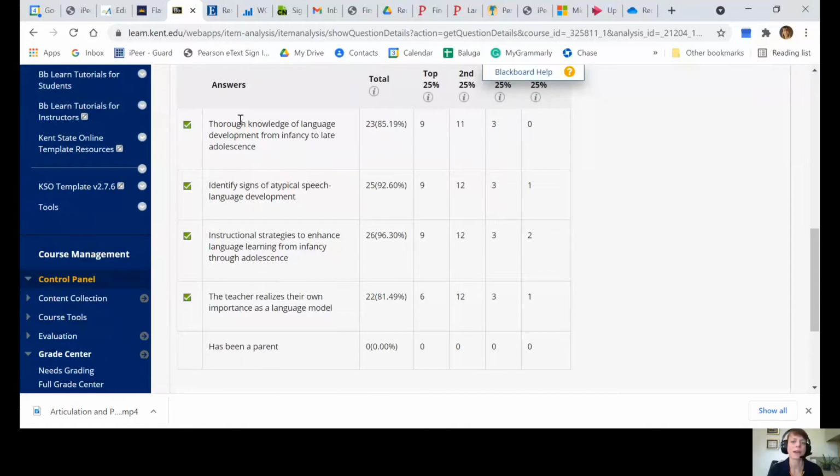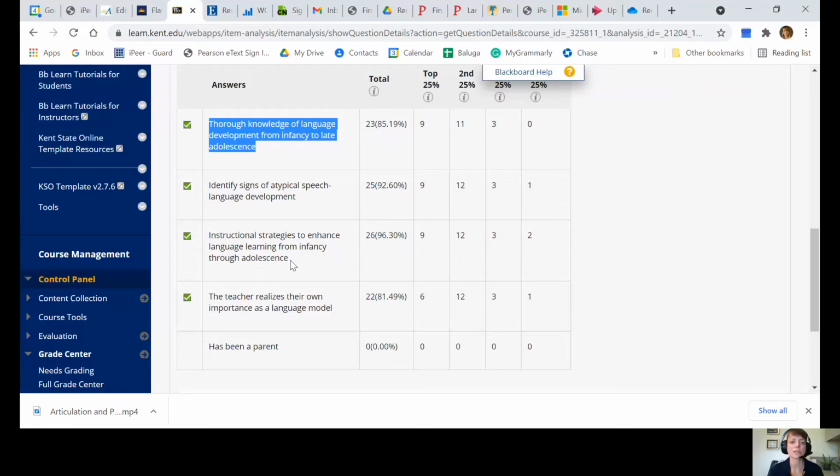You do, however, need to have a thorough knowledge of language development from infancy to late adolescence, and that is why you are taking this class, so that you will be able to bring that knowledge to the training and education you provide your parents. Being able to identify signs of atypical speech language development. Once again, these are things that you've been learning this semester.